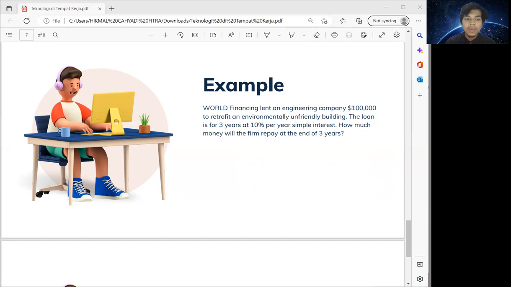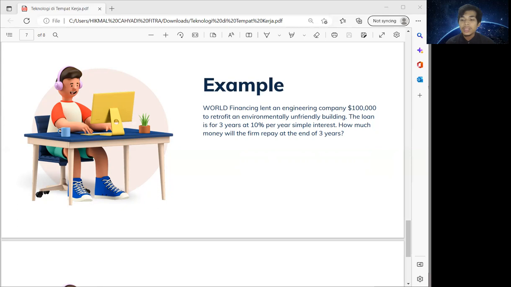Calculated with interest 10%, we get $10,000. Total interest for 3 years, from the equation, is 100,000 times 3 times 0.10, so we get $30,000.